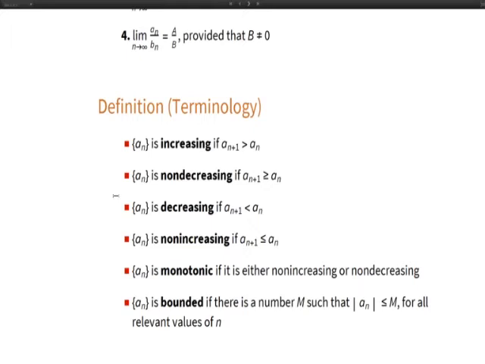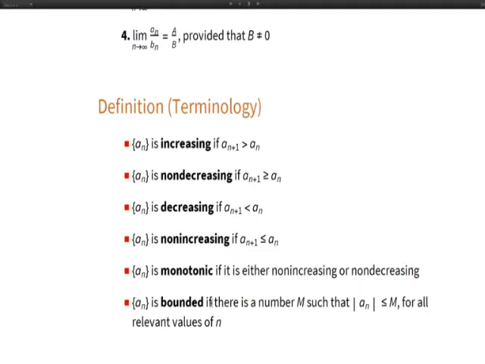So the idea for non-decreasing and non-increasing is to say, basically, if the sequence is changing, it's either only increasing or only decreasing. That's the idea. Now, all 4 of these types of sequences are examples of what are called monotonic sequences.